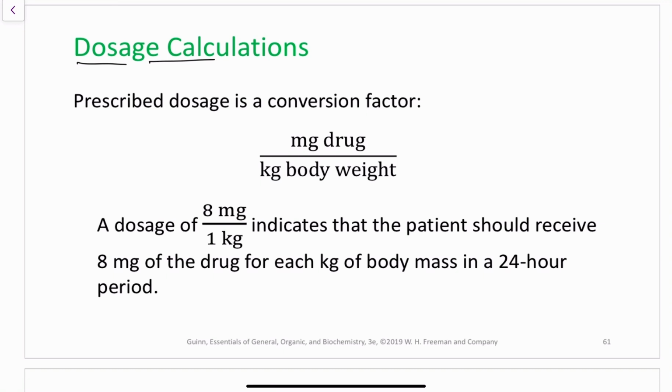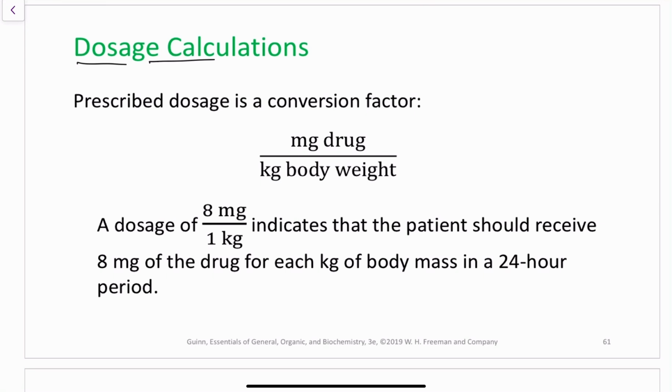Because many nurses and healthcare professionals normally use dose calculation to administer medication, to know how to calculate the correct amount of medication to give to a patient. That's why we need to know how to calculate doses, because if you provide a wrong dose to a patient, that might be dangerous for the patient's health.